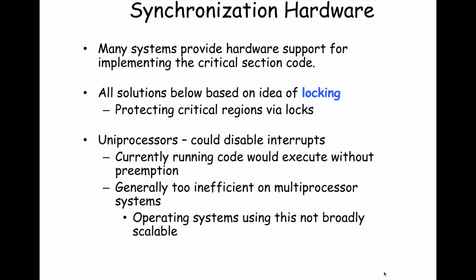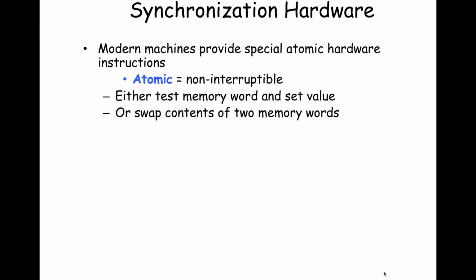And that means you're going to be throwing away cycle time on all the other CPU instances. So this is very inefficient on multiprocessor systems. And for most operating systems, this is not broadly how it's implemented, but it will work if you only have a single processor.